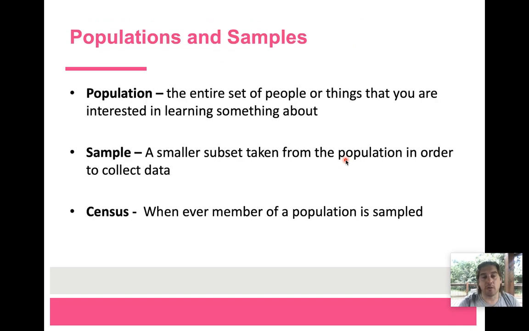So first things first, a population is the entire set of people or things that you are interested in learning something about. Your population could be as broad as all humans. Right?